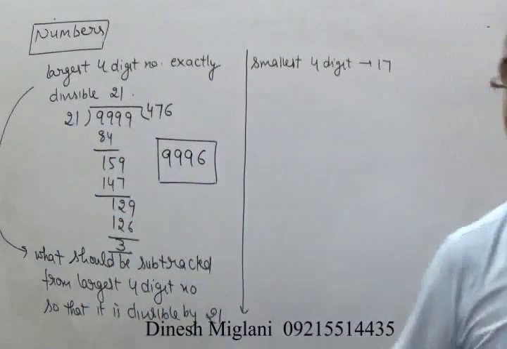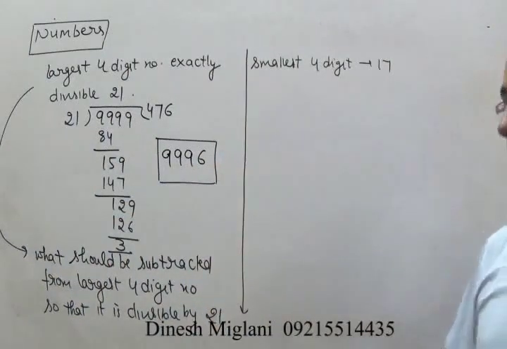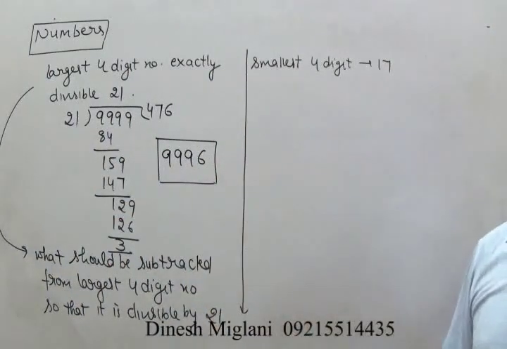So here I can say we have to subtract 3. If I subtract 3, the number becomes divisible by 21.